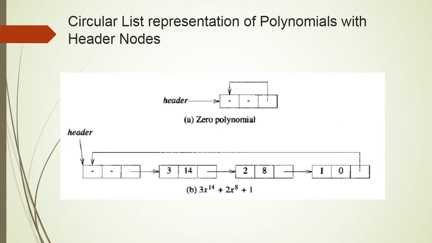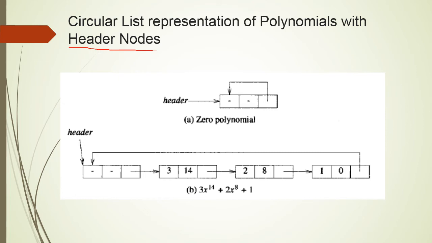So, circular list representation of polynomial, with a header node. The concept you have studied so far is the circular list representation of a single linked list without a header node. You can have a node at the beginning of the list and make use of this node.